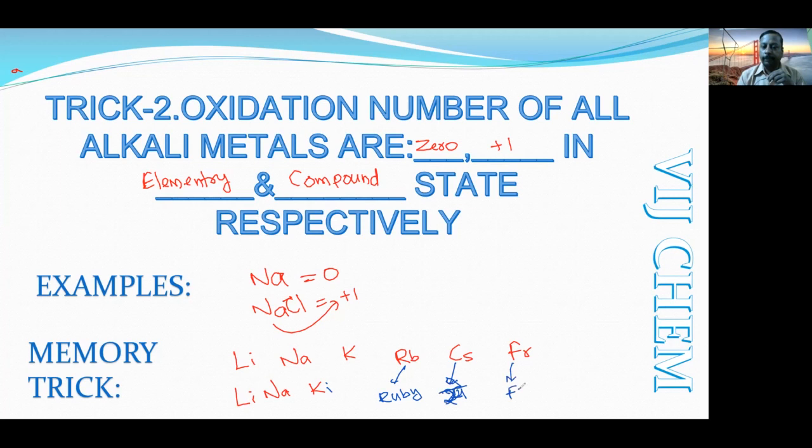RB means Rubidium, so you will remember it as Ruby. F stands for friendship. So these are the elements which will show 0 oxidation state in the elementary state and +1 oxidation state in the compound. Make a note of it very fast.